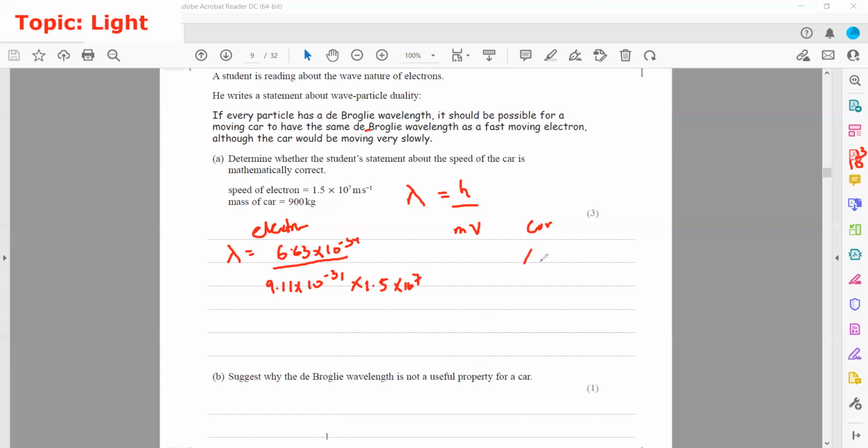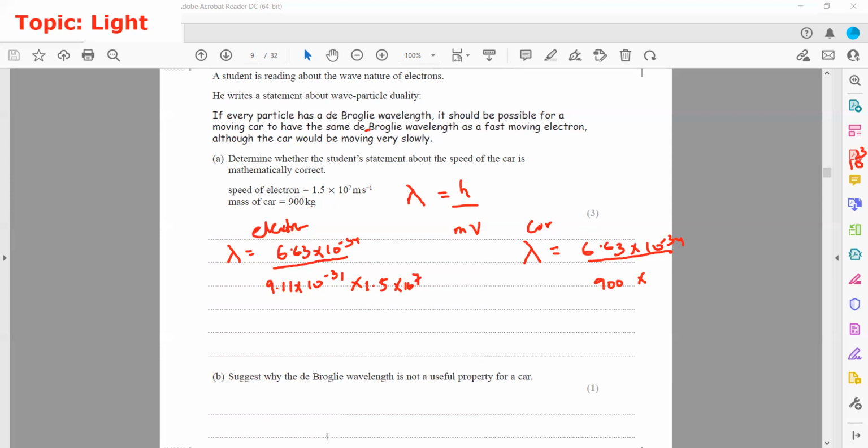For the car, lambda is 6.63 × 10^-34 divided by the mass of the car, which is given as 900. First we compare the speed at which the car is moving and the speed at which the electron is moving.